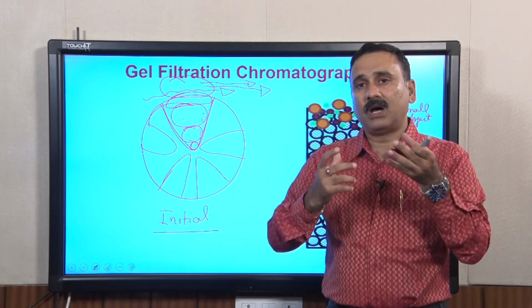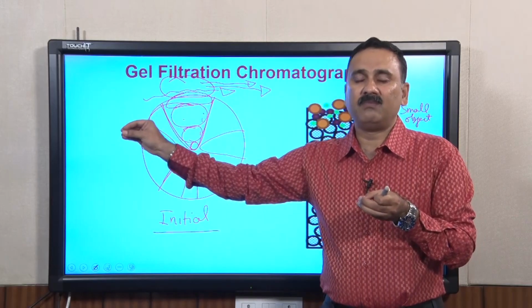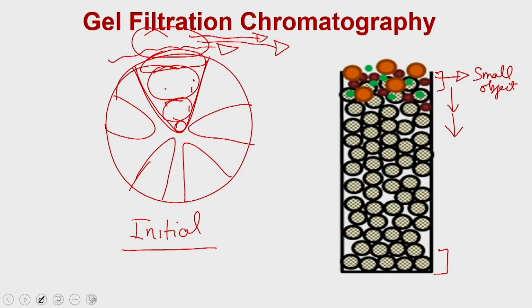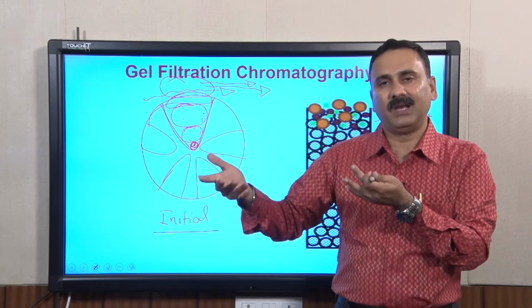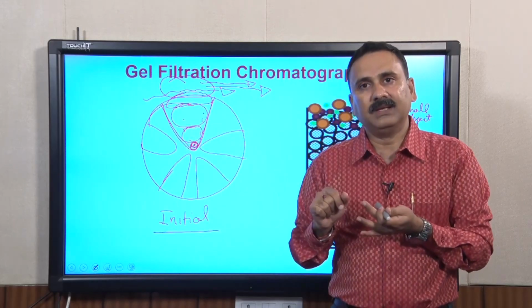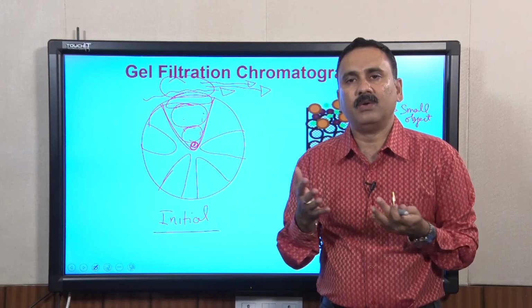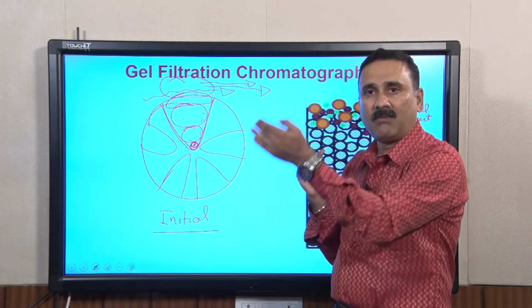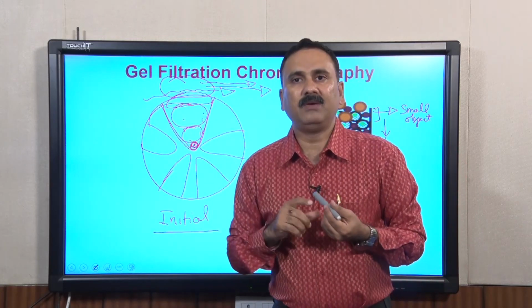That is why when the molecules are distributed from the buffer which is filled within the pore versus the aqueous environment outside, in the first layer the objects are going to be filled at the bottom of the pore, and by the time the next molecule tries to fill into the same pore where the already existing molecules are present, it will get over and flow by the liquid, and then it will get exchanged into the next layer, and in the next layer it is going to sit like this, and then the third layer it is going to have this, and ultimately the last layer is where the molecules are going to be excluded because they will not enter, and that is why they will come out from the aqueous phase and come out from the column, and they will be present in the flow through.